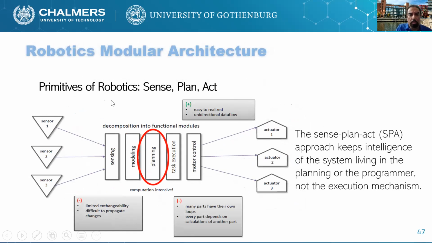So the model came that's called SPA: sense, plan, act. Most of the activity and research was focused on the plan part, because early researchers thought that the intelligence of the robot would reside in the planning side. But nowadays, intelligence has moved to the actuation side because it interacts with the environment, and you need to build some intelligence here to make advanced decisions for the planning part of the robot.